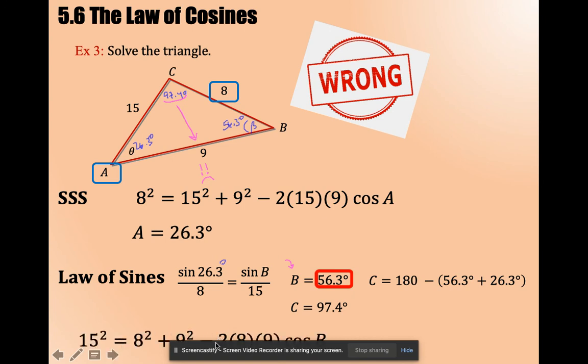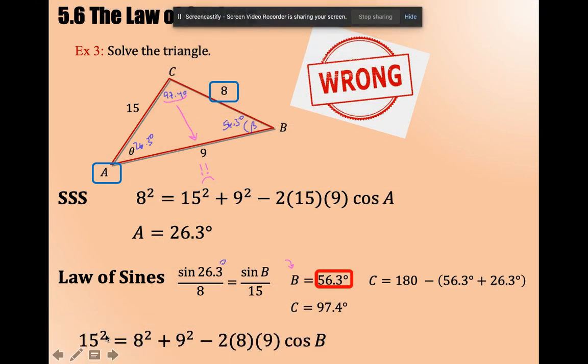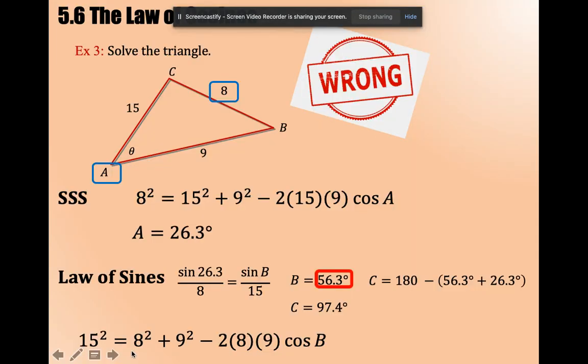So the law of sines can sometimes let you down, which is why the law of cosines is a little bit hairier to do and a little nastier of an equation, but you're going to get the real answer for cosine of B, because inverse cosine is defined in quadrants 1 and 2.